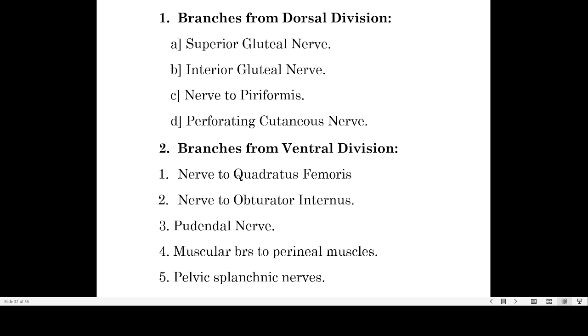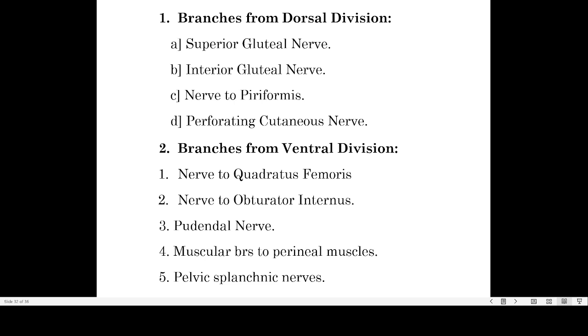The important branches, so again you have to make the concept very clear. Branches from the dorsal division are the superior gluteal nerve, inferior gluteal nerve, the nerve to piriformis and the perforating cutaneous nerve.